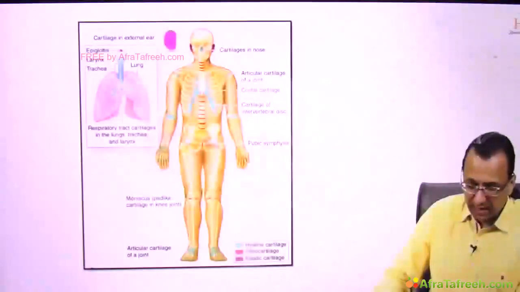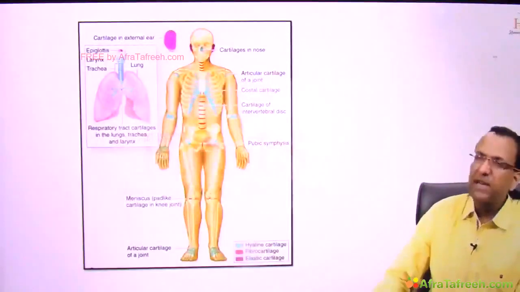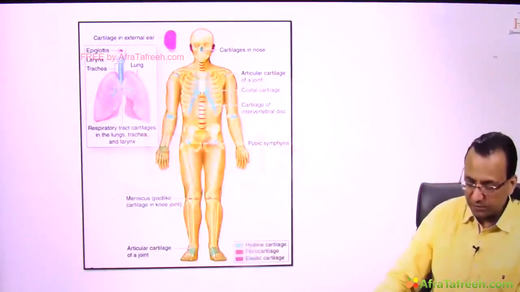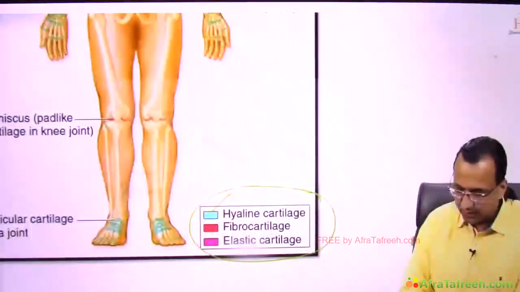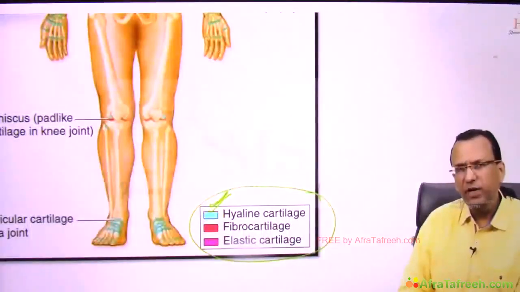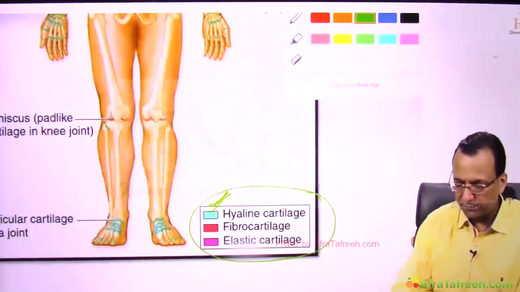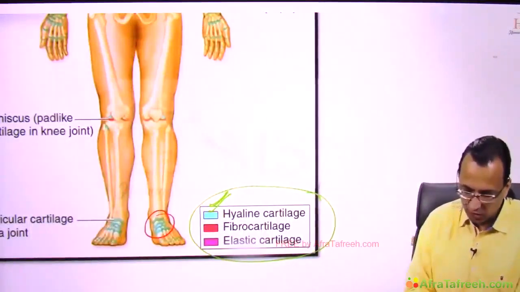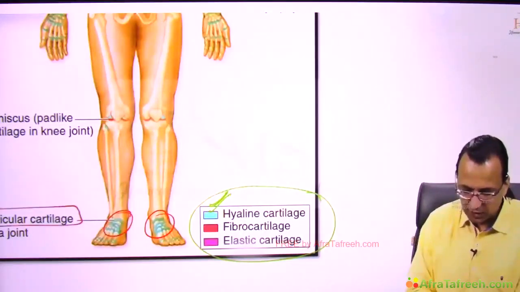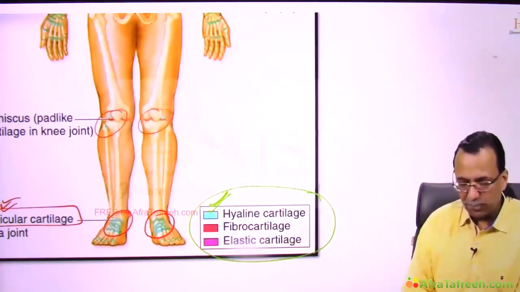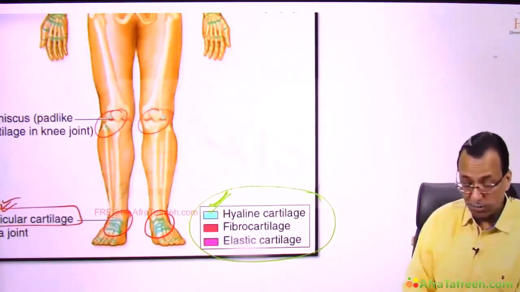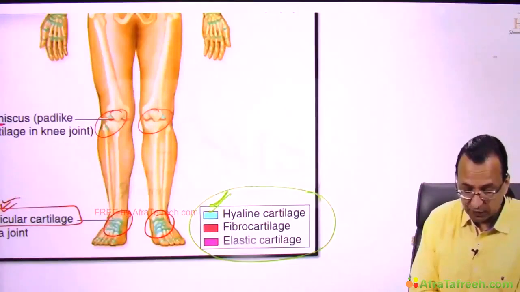This diagram will repeat the information. Again we are talking about cartilages. Blue color is hyaline. All the articular cartilages are hyaline, maybe in the knee joint, ankle joint. But not the meniscus. Meniscus is red color.